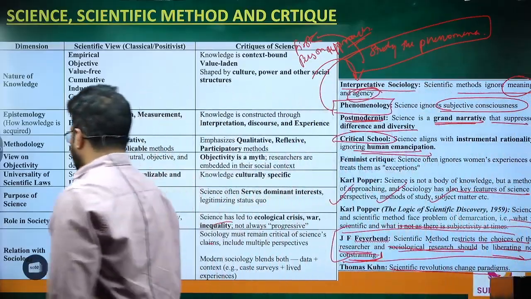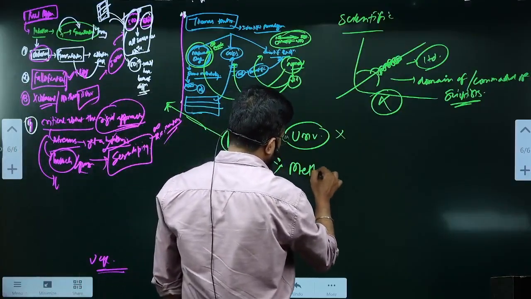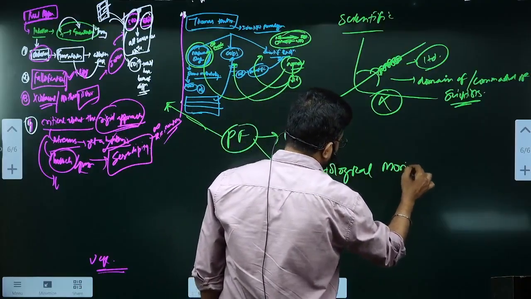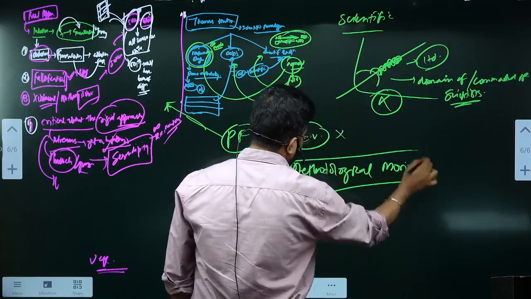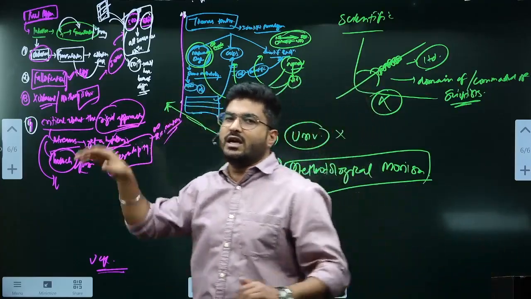He says that there is methodological monism, which comes because we are following the same singular method again and again.